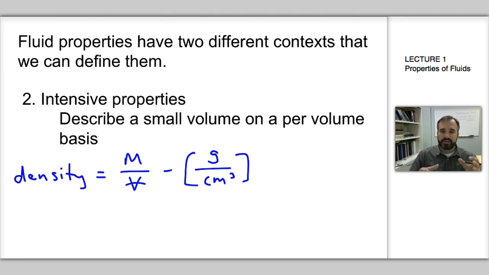Where now we're describing the mass relative to a small volume, so some unit volume. And that's nice because the density of water, fresh water, at a particular temperature is going to be the same anywhere you go in the world. No matter how big your volume of water is that you're describing or how small, it's going to be the same as long as the temperature doesn't change.